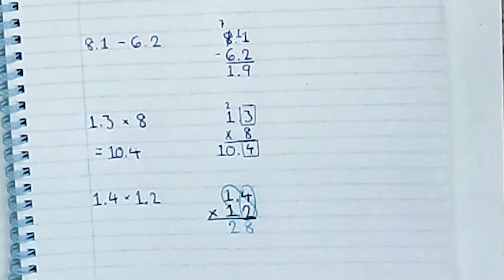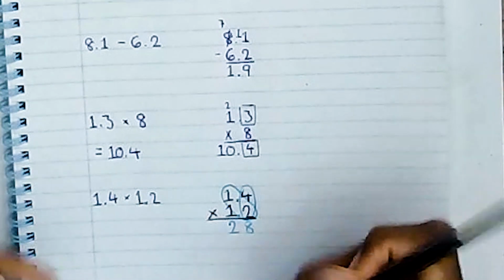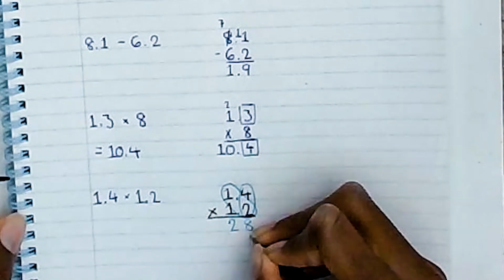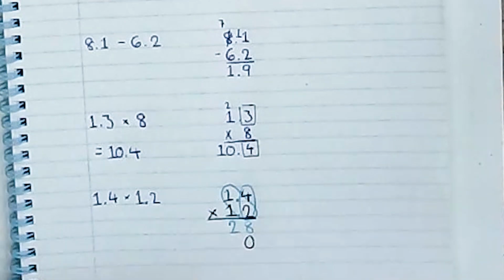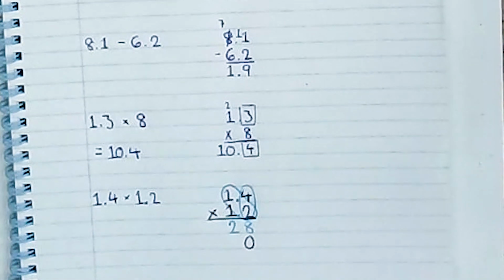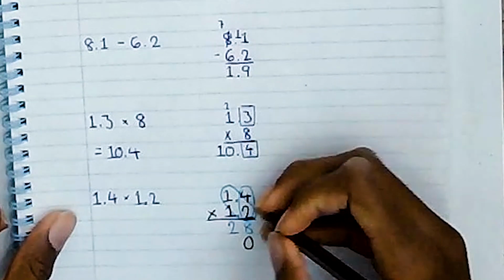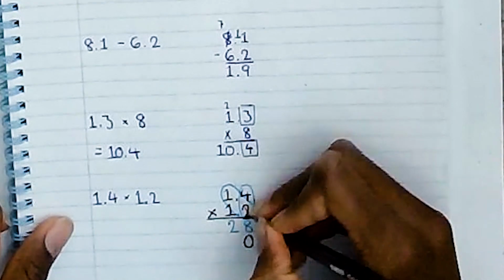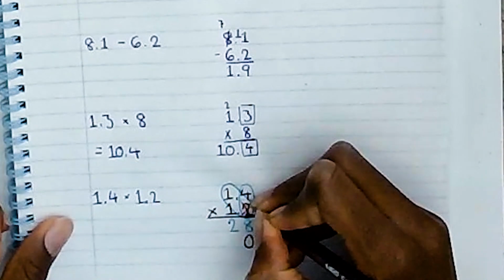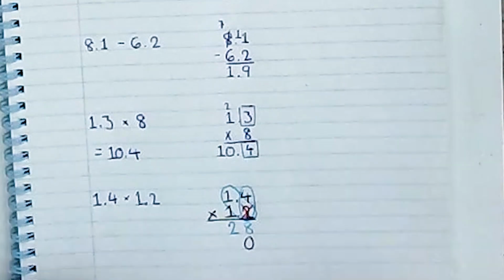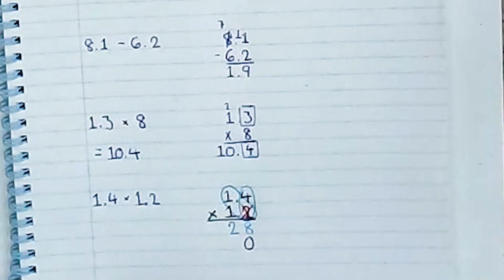And now what we're going to do is we're going to write a 0 right here because we're onto the next section now. And you don't have to do this, but I prefer to do it because it makes it easier to work with. Once I've done working with a number, I prefer to cross it out, but you don't have to do this.